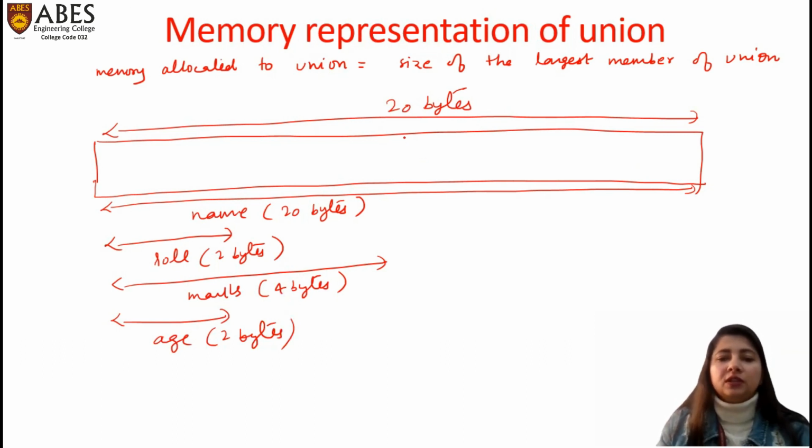So in case of union, all the members share a common memory space. That is why all the members cannot be activated simultaneously. We'll have to access the members one by one. Whereas in case of structure, as the total memory allocated was the sum of the size of each member, each of its members has a unique memory space. So all the members can be active simultaneously. This is the main difference between structure and union.